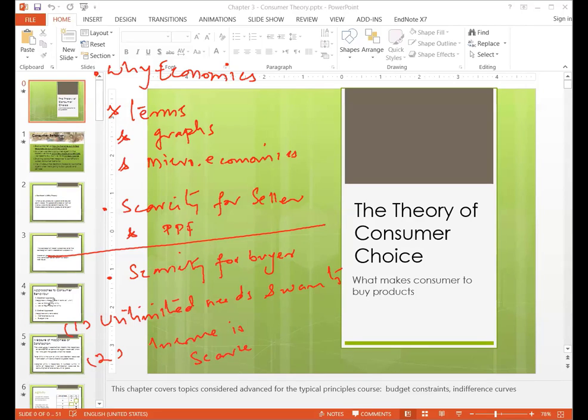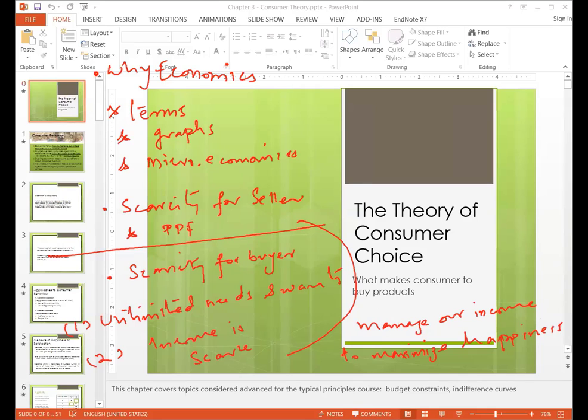So now we have described, in this chapter we'll try to find how we can manage our income to maximize happiness. So we assume that the more goods we consume, the happier we are.